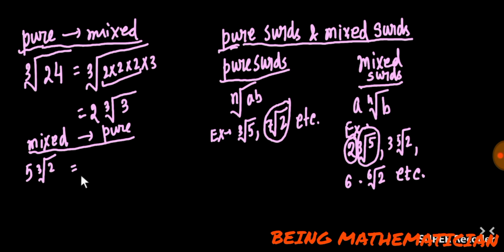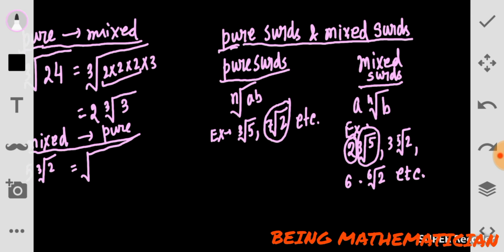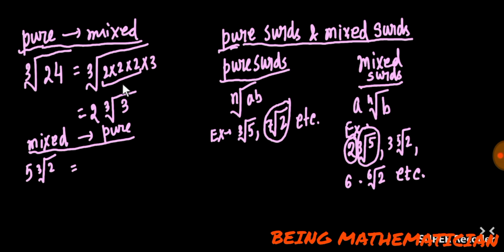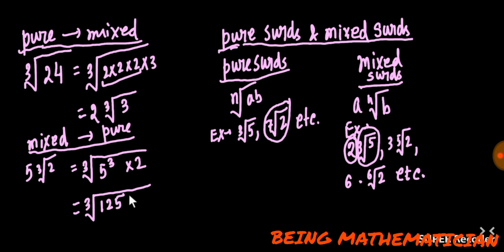So cube root of 5 cube into 2. So cube root of 125 into 2, and the pure surd will be cube root of 250.